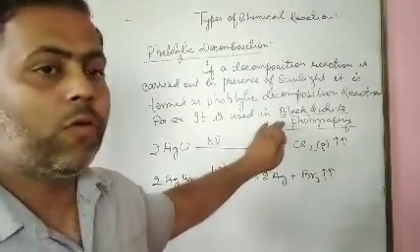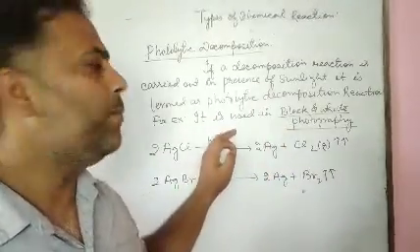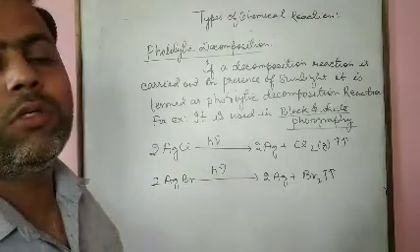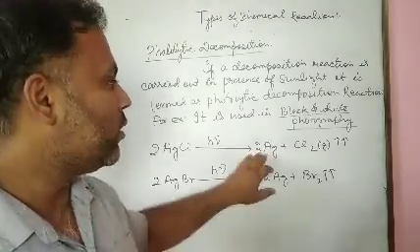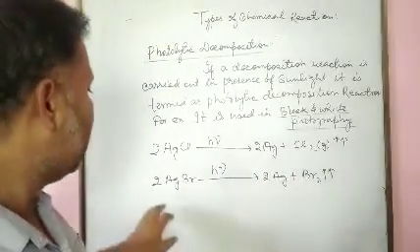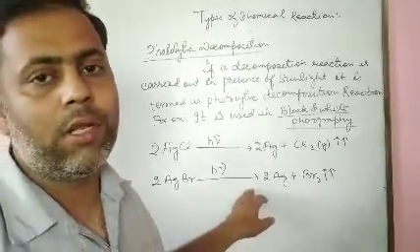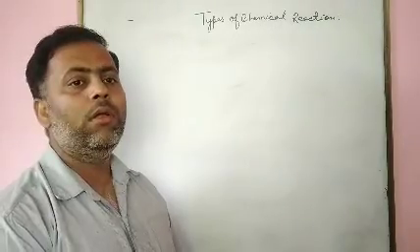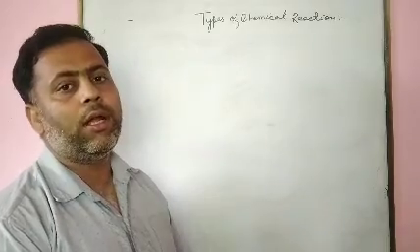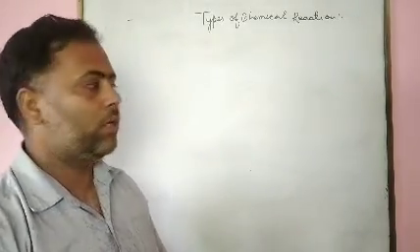We use silver chloride. When sunlight falls over it, it is broken down into silver and chlorine gas. Next, silver bromide, in the presence of sunlight, is broken down into silver and bromine gas. Clear? Let us discuss electrolytic decomposition reaction.